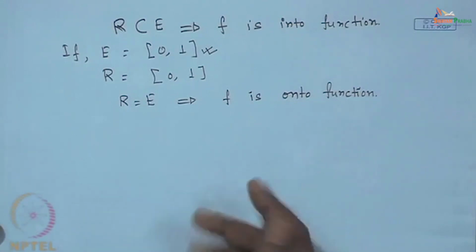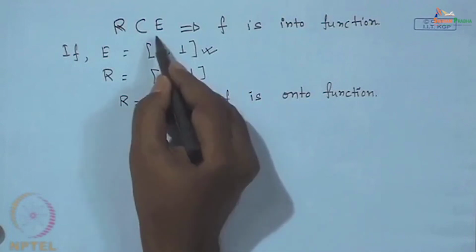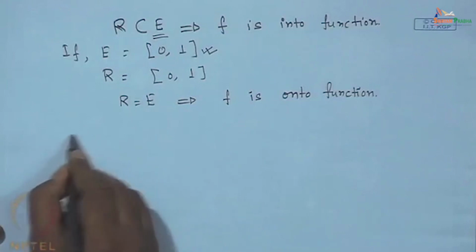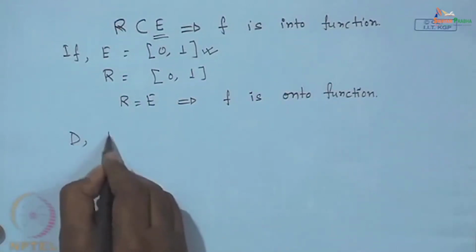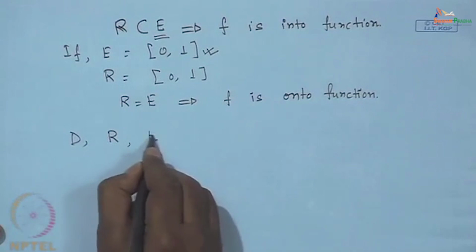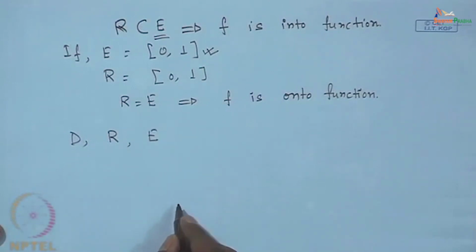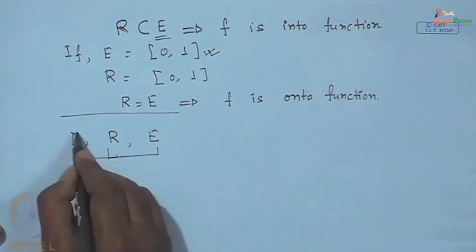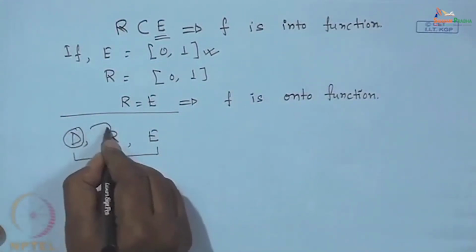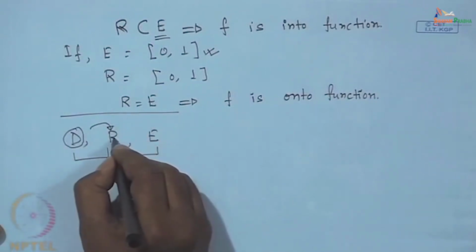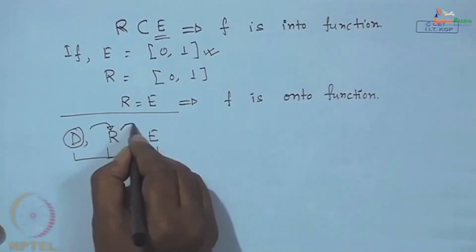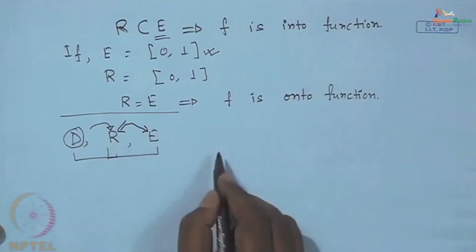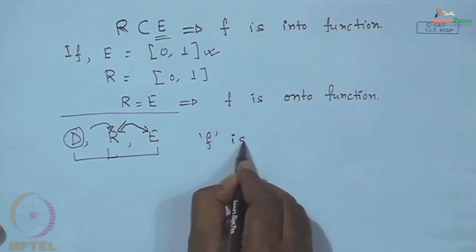So, depending on the value of the E set, the domain X, or basically everything depends on the domain D, range R, and the E set whatever we are talking about. Based on the domain of X, R will be decided. Based on R, the relationship between R and E will be decided. Depending on that, the function definition f is defined.